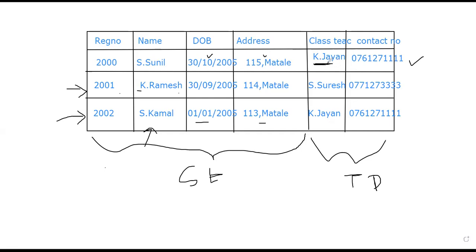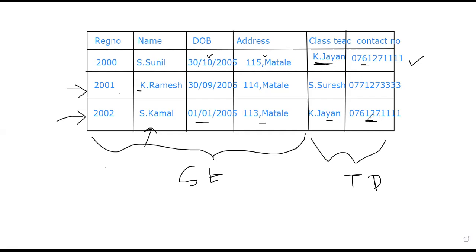K. Jayan, the name of the class teacher, has been repeated here and here as well. At the same time, the contact number 76127111 has been repeated here as well as here. So this is what data redundancy is.